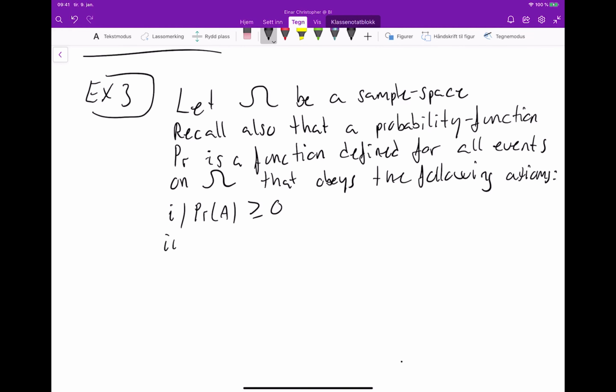And II, the probability function of omega is equal 1.